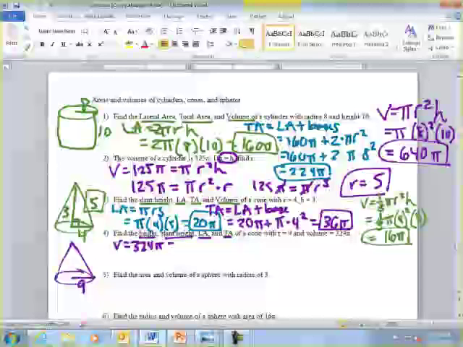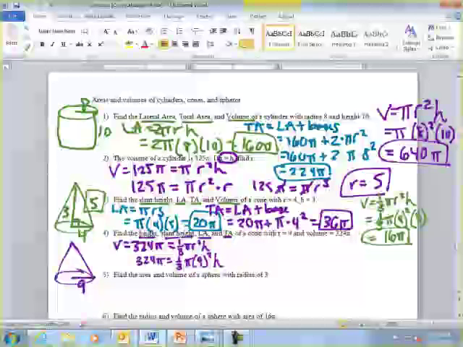And our volume formula from the last question is 1/3 pi r squared h. So we can plug in what we know. We know r. But we don't know h, but that's one of the things that we're asked to find.